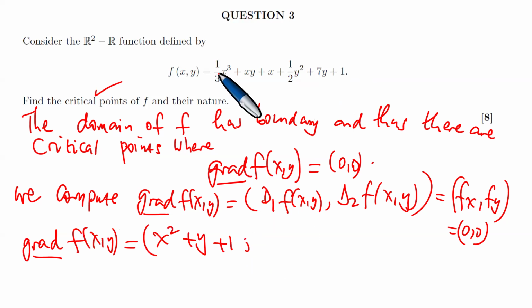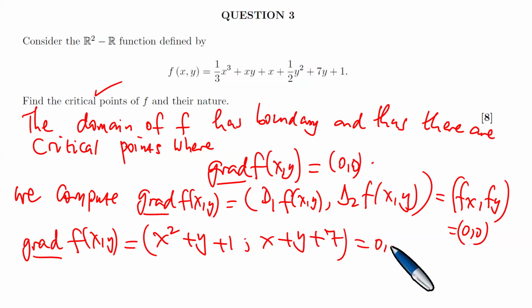With respect to y, this is the partial derivative, so d2 of x has derivative 0. With respect to y, this one is going to be x. With respect to y, 0 partial derivative. With respect to y, this one is going to be plus y. With respect to y, it's going to be 7. With respect to y, it's going to be 0. And this is 0 and 0.